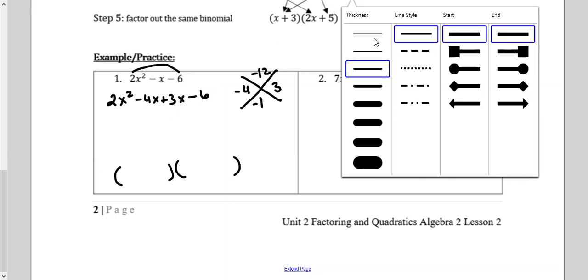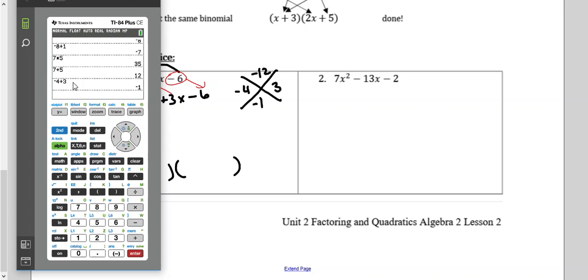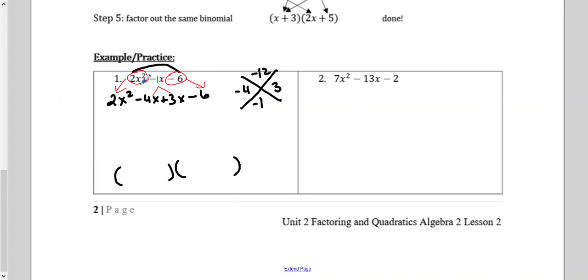I took the 2x squared and brought it down, I took the -6 and brought it down. And then I took the negative 1 and just rewrote it like this. If you look at negative 4 plus 3, that's negative 1, right? We just did that. I just rewrote my equation like this. I didn't change anything.